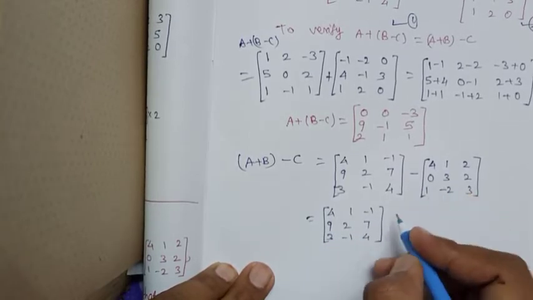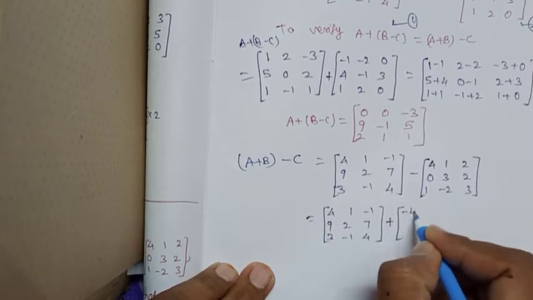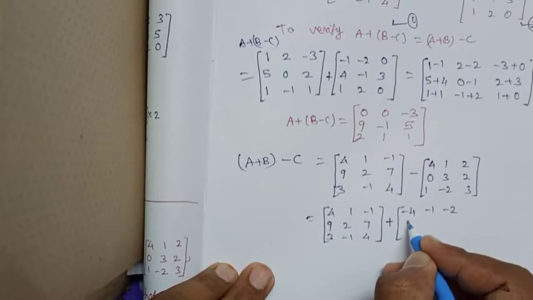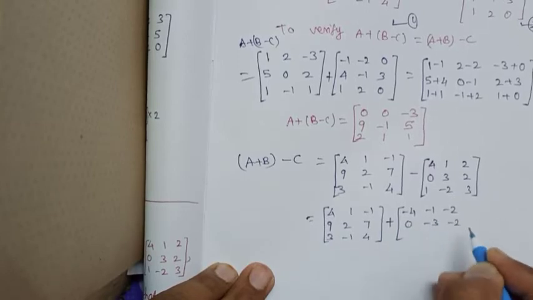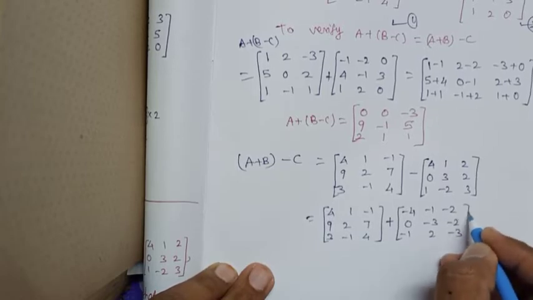Next multiply minus 1 inside, the signs are changed. So that is minus 4, minus 1, minus 2, 0, minus 3, minus 2, here minus 1 plus 2, and minus 3.